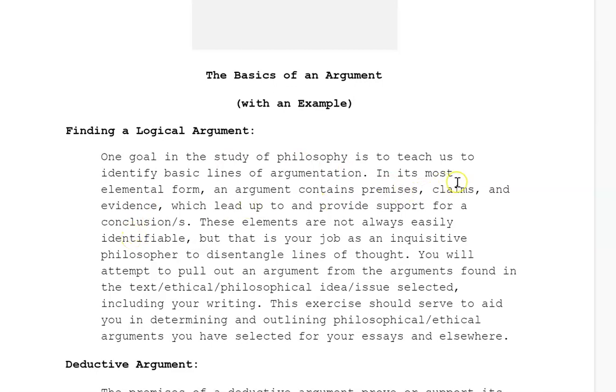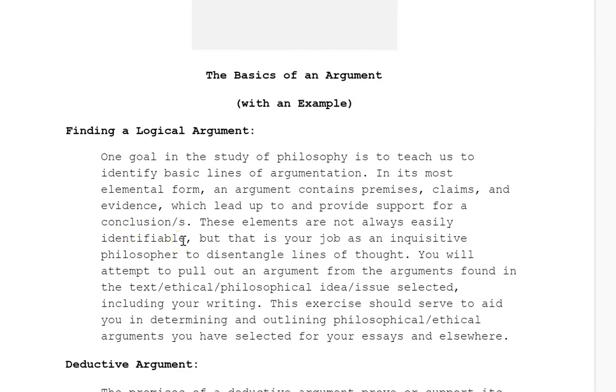Okay. So, in other words, the claims and evidence are other words for the premises, and the conclusions are the inference that is made by way of the premises. What the evidence or claims lead to, right? What conclusions those are.